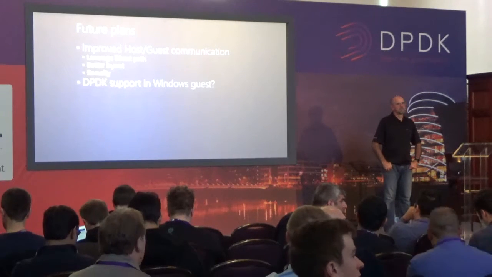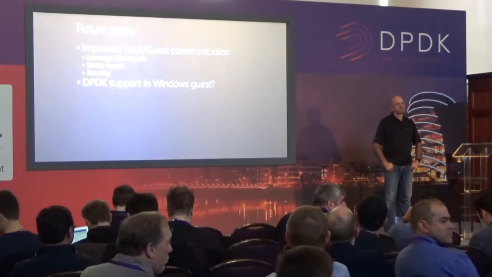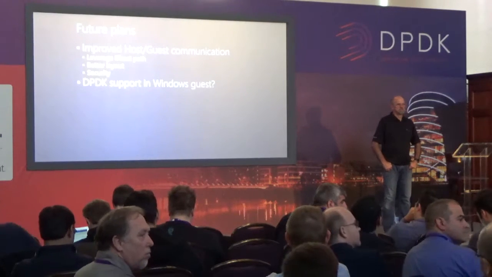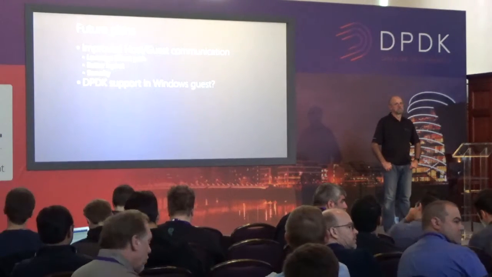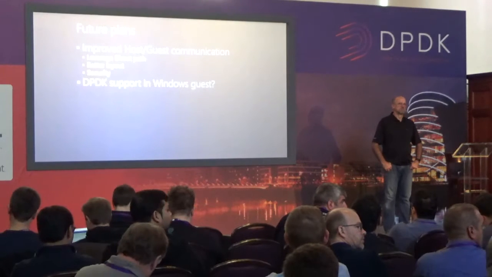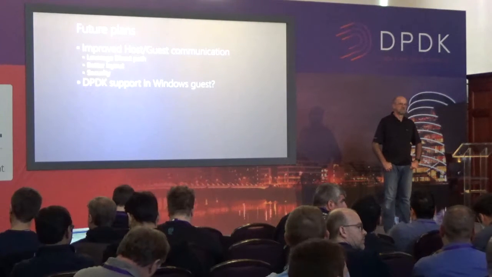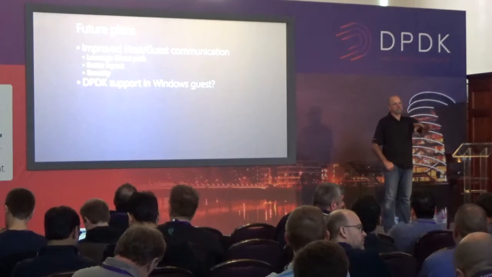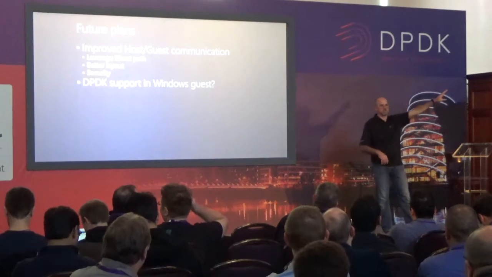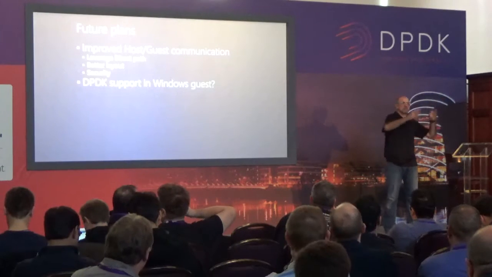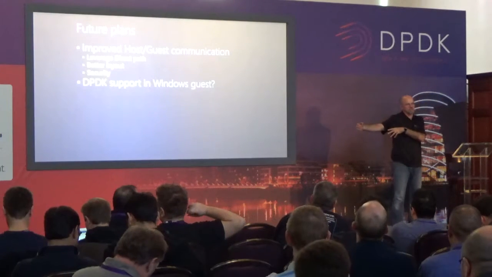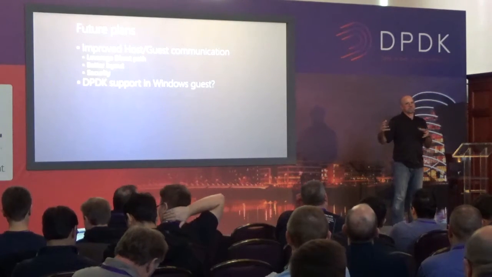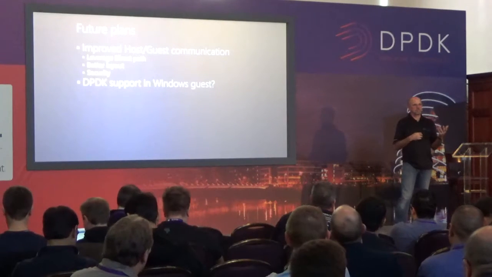Excuse me, it was a mic. About DPDK in Windows, two years ago, I think, at the first DPDK summit in San Francisco, there was someone from Microsoft explaining they were working on something. That's the DirectPath stuff, which is the re-implementation of a DPDK-like function on Windows. What's the difference?